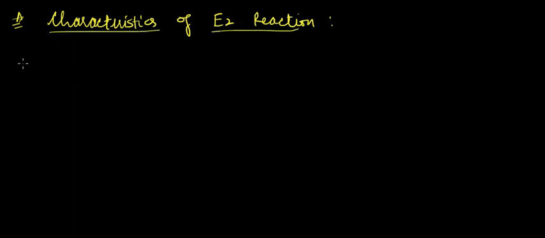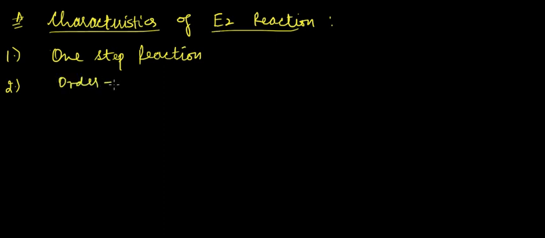Okay. So first is that it's a one-step reaction. Second is obviously that the order or molecularity of this reaction is 2. Don't worry if you are not able to get through the words order and molecularity.